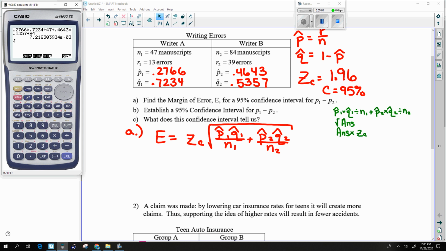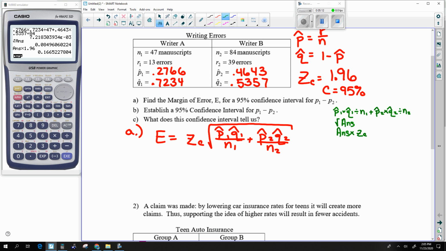We need to square root that and need to multiply by ZC. So that's equal to .1665. All right, easy peasy.